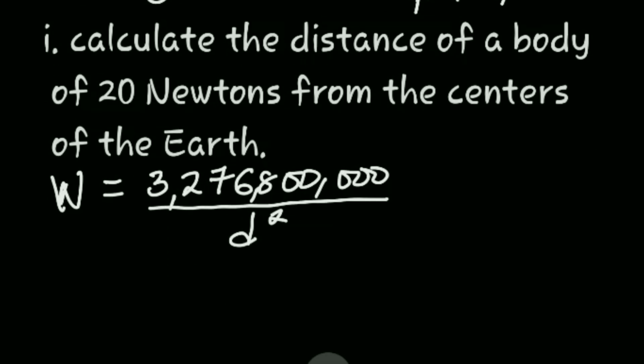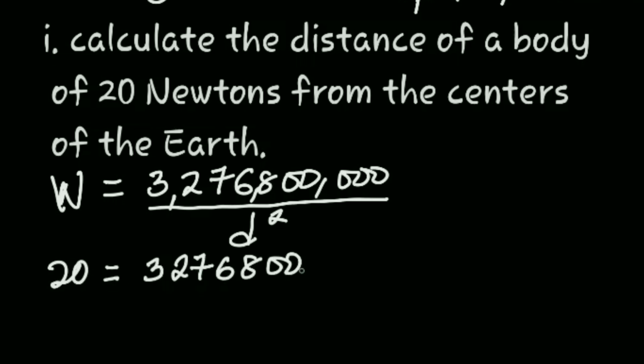So we are going to have this as W. The value of W is given to us. The weight of the body is given to us as 20. So I have this as 20 equals 3,276,800,000, all of these divided by D squared.